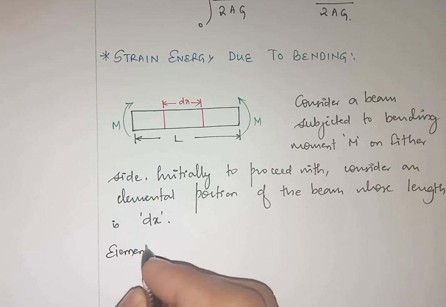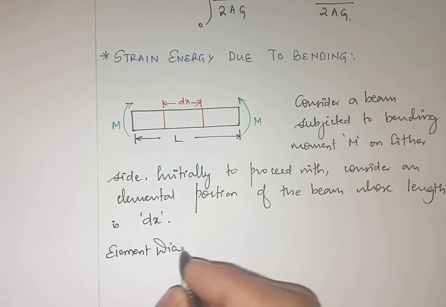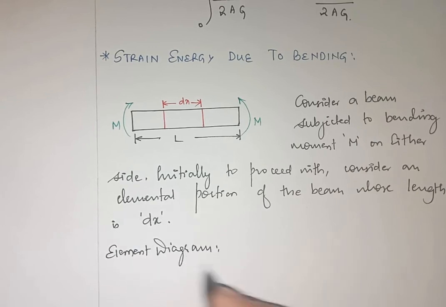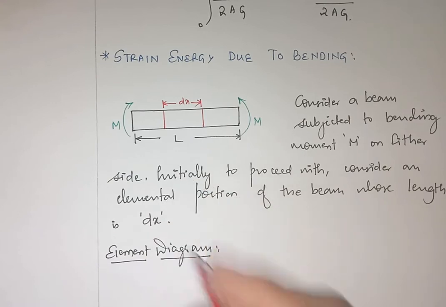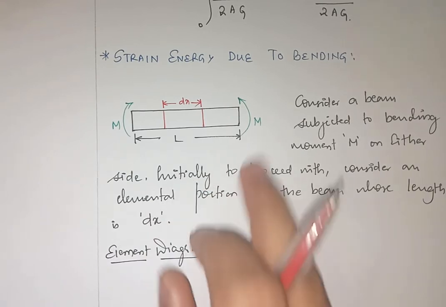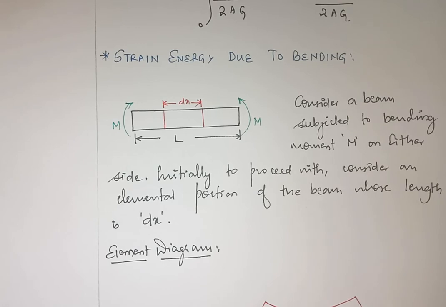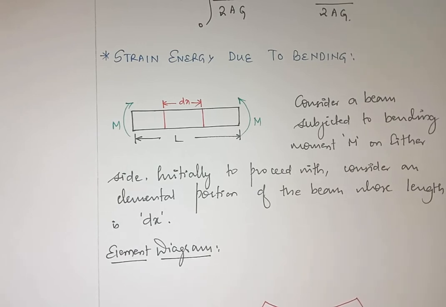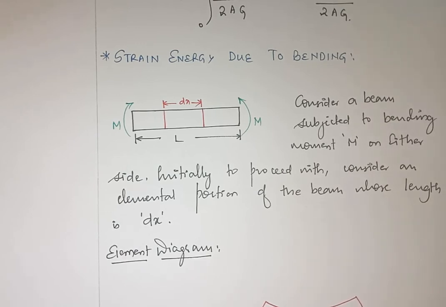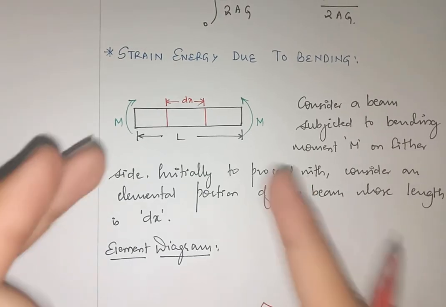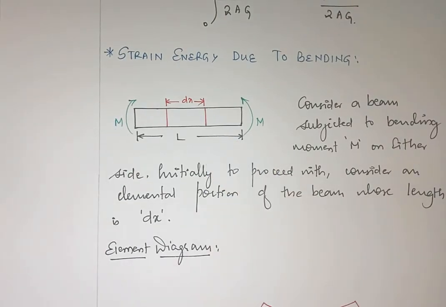Right. Since it was in red color, let me draw it using red color itself. So when you are applying this bending moment, then this will be something like this. Right. So I have just drawn the exaggerated view of this element.